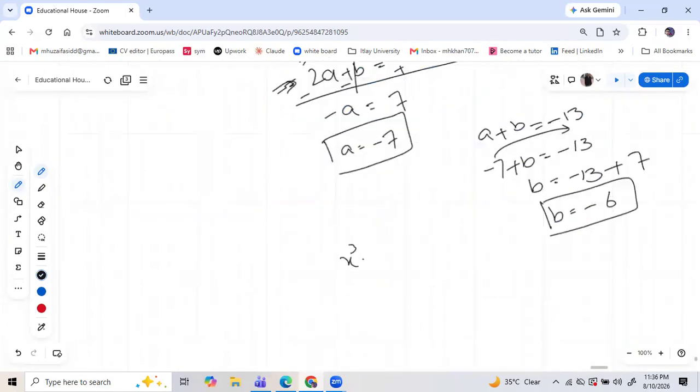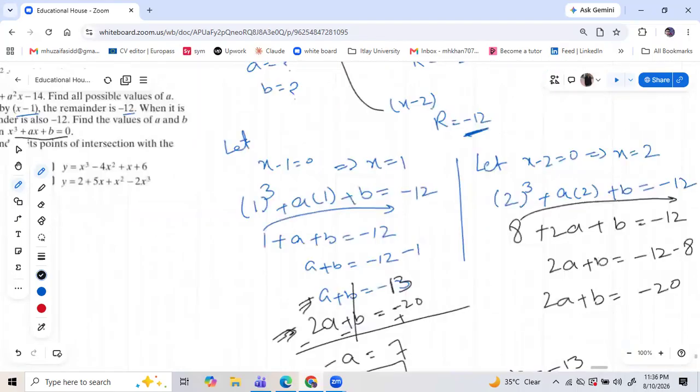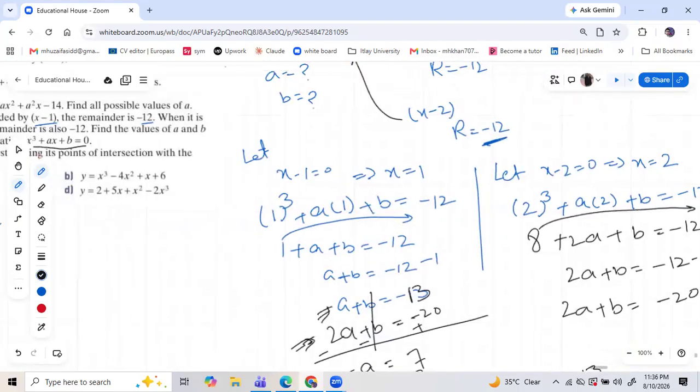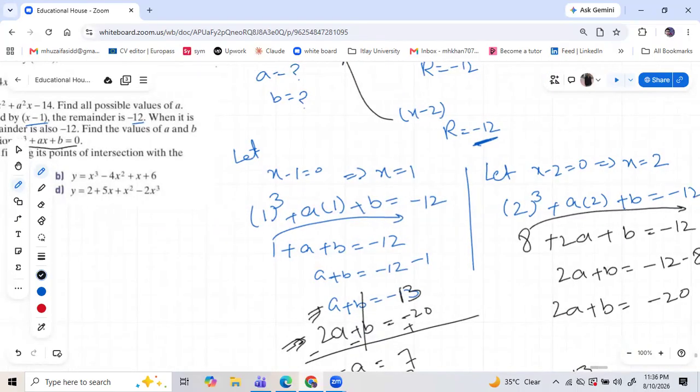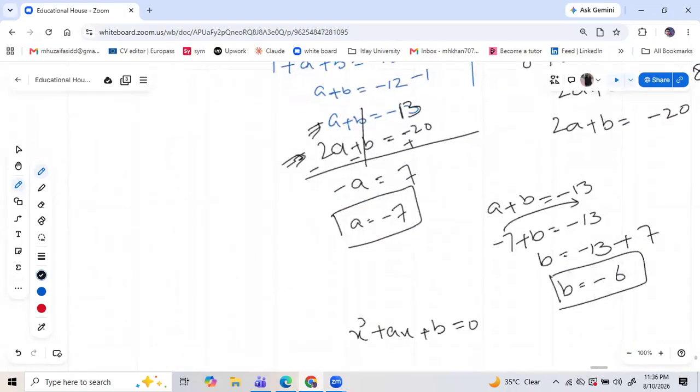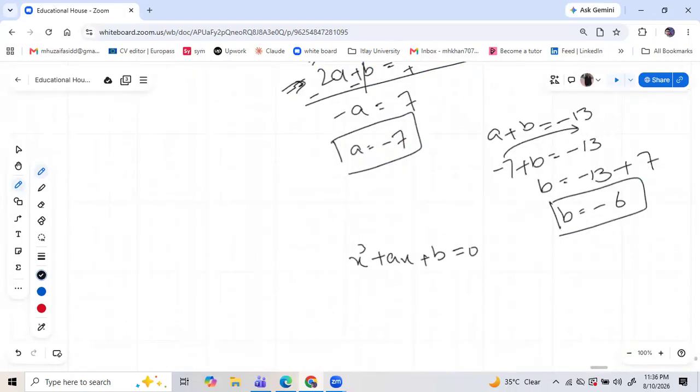X cube plus ax plus b is equal to 0. So this is x cube, this is minus 7x, this is minus 6 is equal to 0.